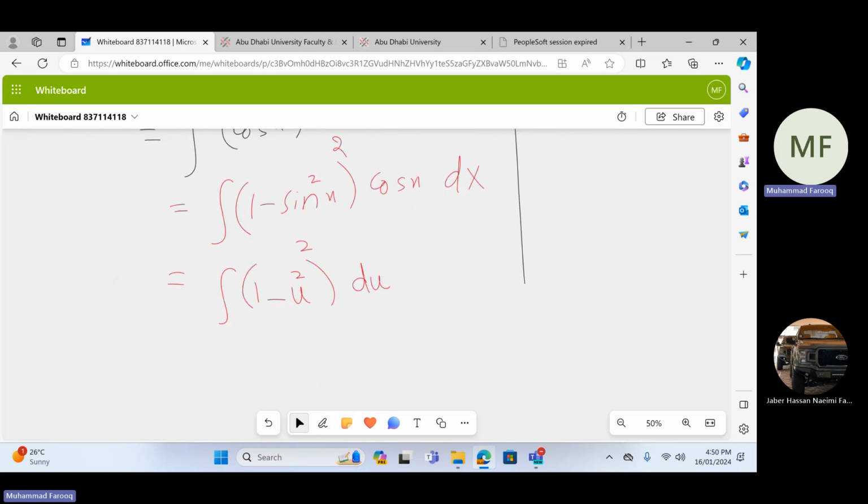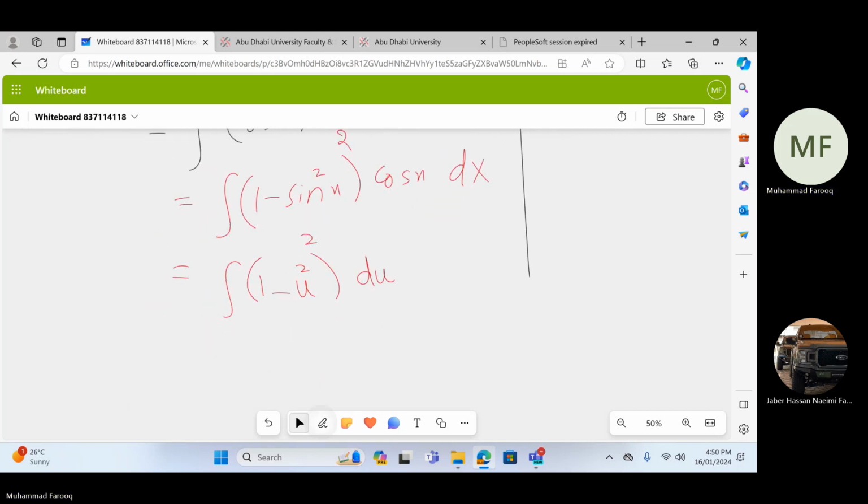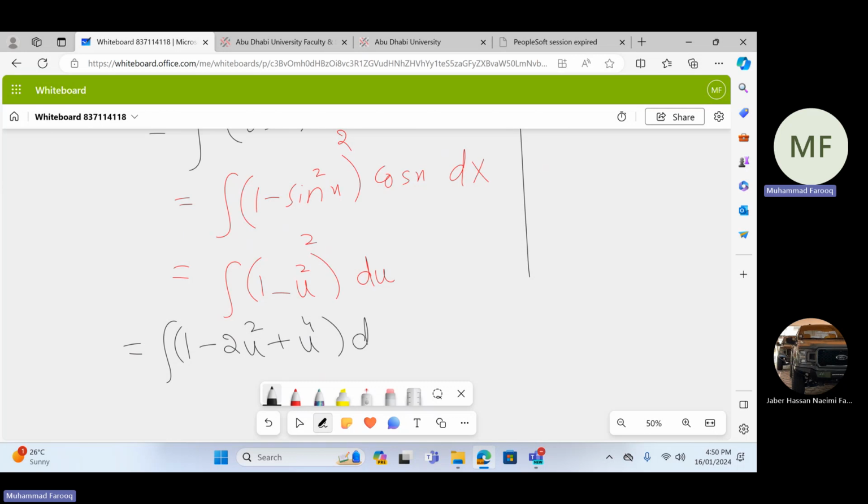Understand, yes or no? Good. Now this is (a minus b) squared, simple. How do we expand it? a squared minus 2ab plus b squared. Yes. Now just distribute and integrate using the simple power rule of integration: u to the n plus 1 over n plus 1.